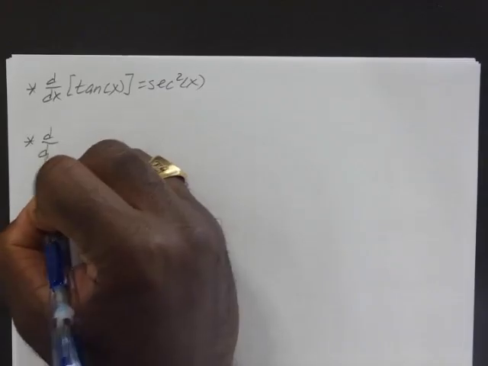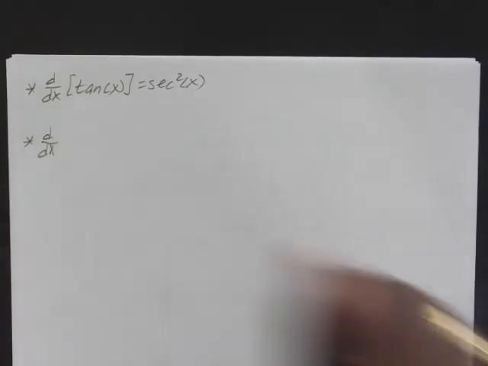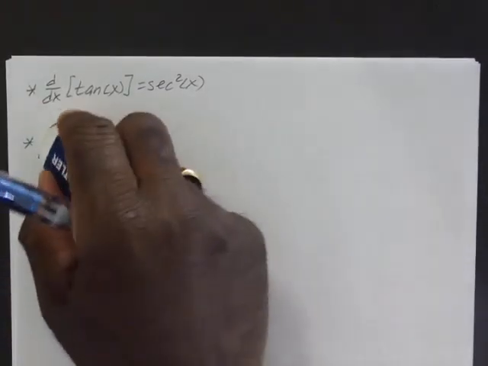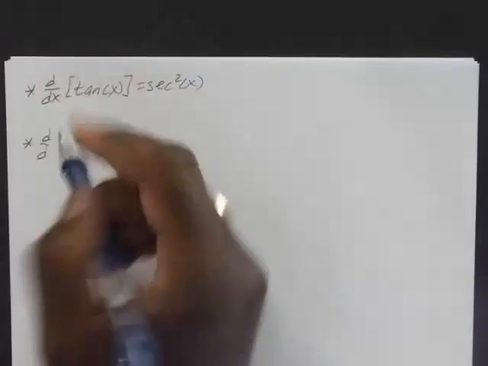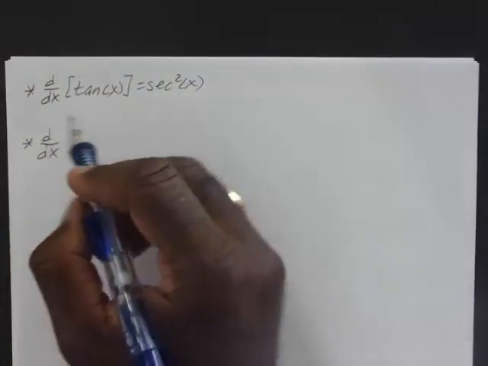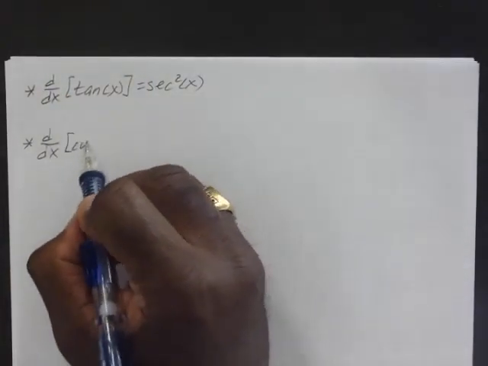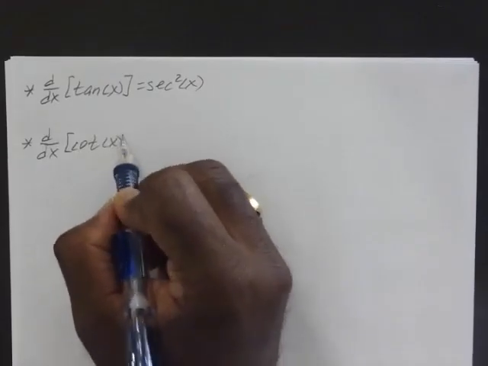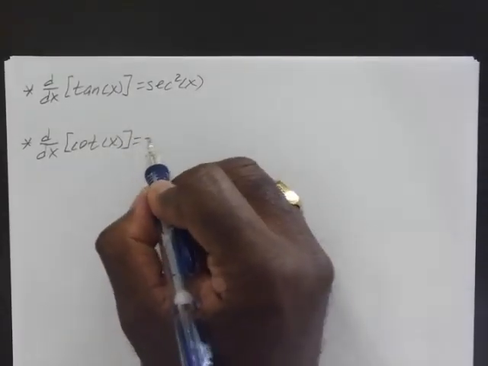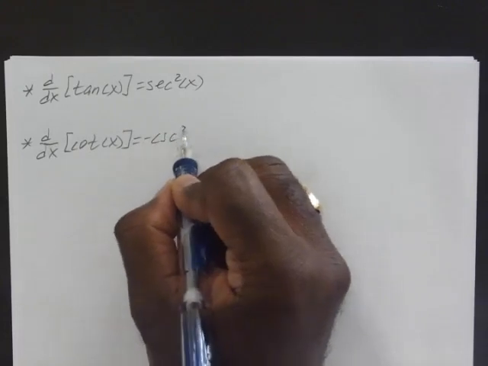We have the derivative of cotangent of x, which is equal to negative cosecant squared.